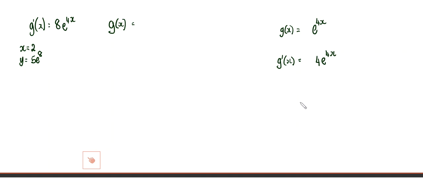But we don't want that, we want an 8. So we need 2 times that, because that would then give me what I want. So g of x must have been 2e to the power of 4x, but plus c.